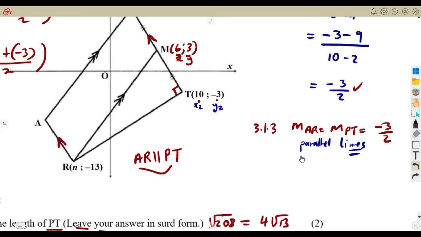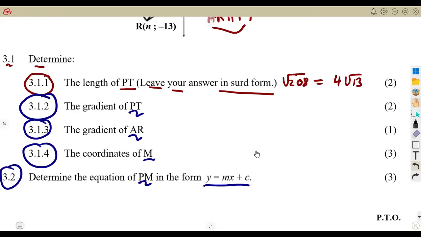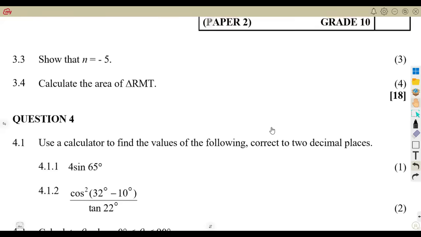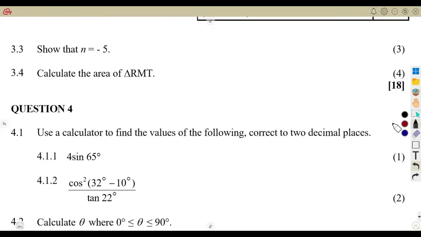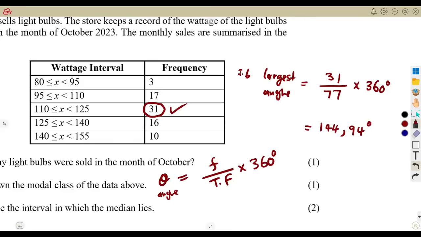All right, then on another question, let's check the other part. They are saying in this case, show that n is equal to minus 5. So on the question, it was n is equal to 5. That was a wrong presentation, and even the memo there was a wrong presentation. Let's check where n is so that we can see this part that I'm talking about.